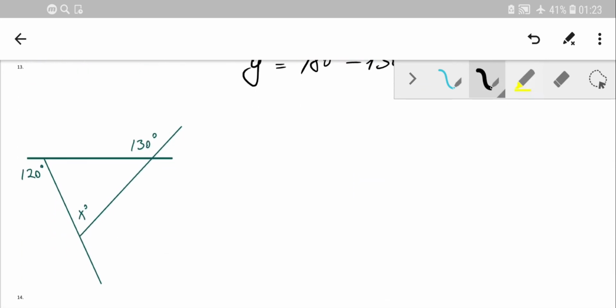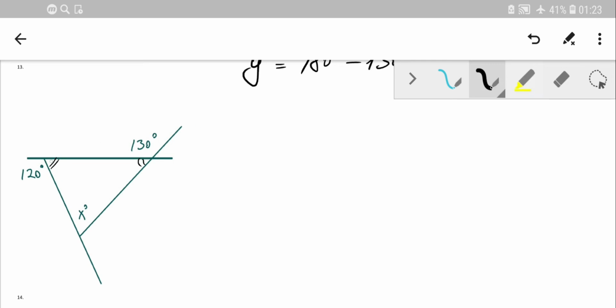Problem number 13. All right, we have this 130, 120 and x. Okay, so our goal is to find x. So it seems to me that we need to figure out all interior angles.